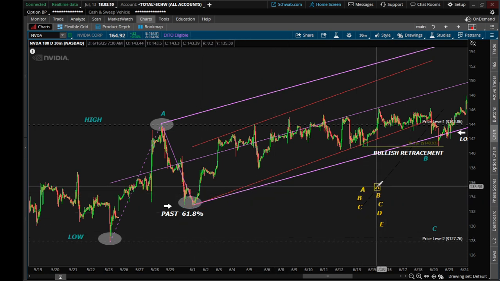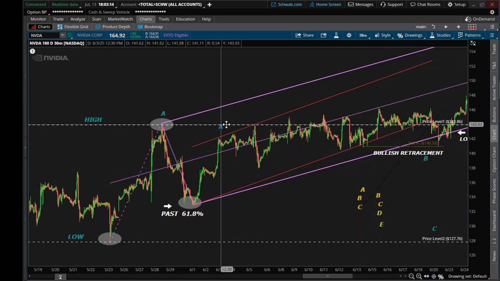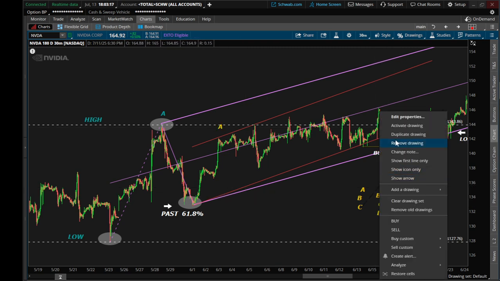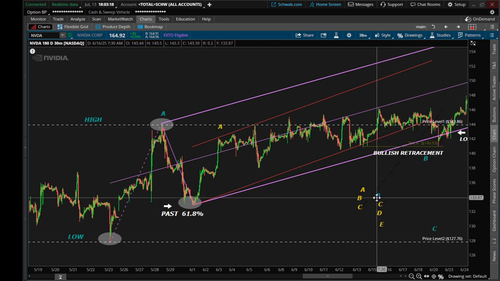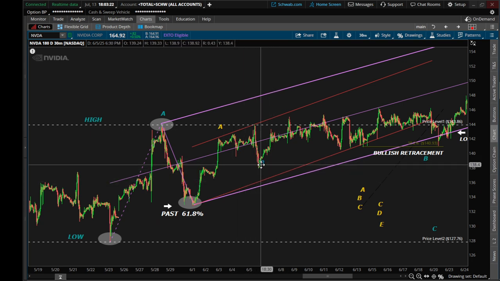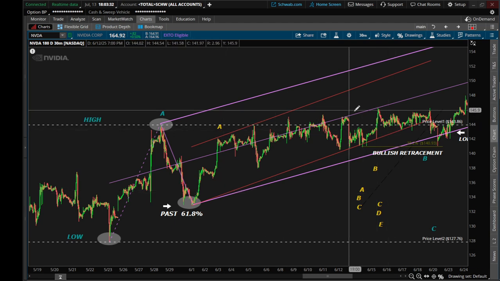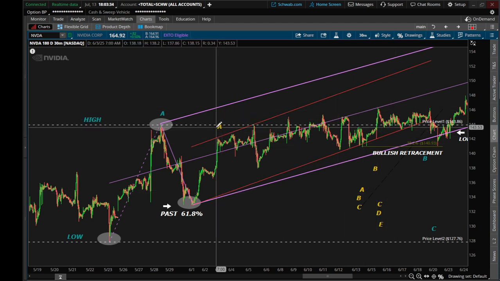Okay, so we could probably label this as an A, and maybe a B here, a C, and a D, and an E. Well, it doesn't really matter how you label the triangle.